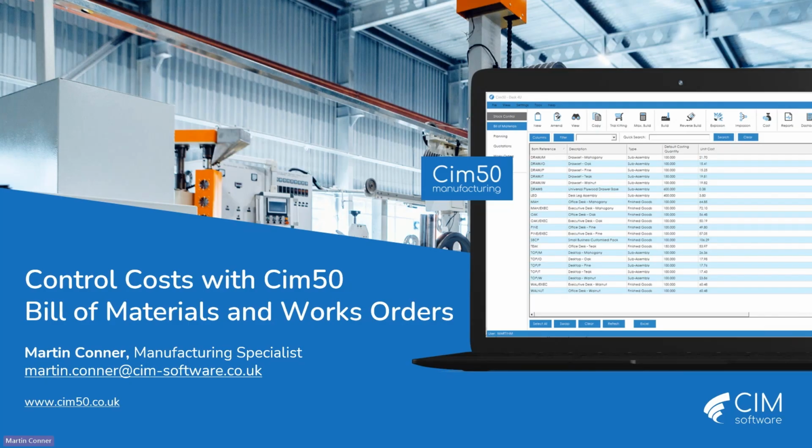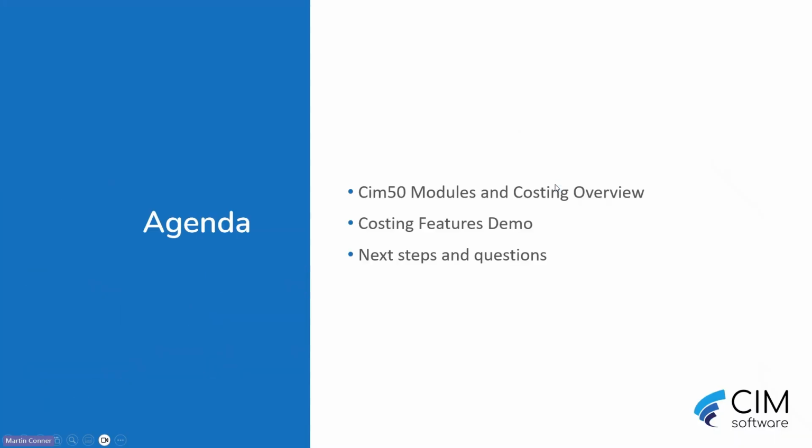Okay, so a little bit of an agenda. Just going to introduce you quickly to the Cim50 modules, if this is your first view of Cim50, and show you how the bill of materials and works order modules fit into the Cim50 module portfolio.